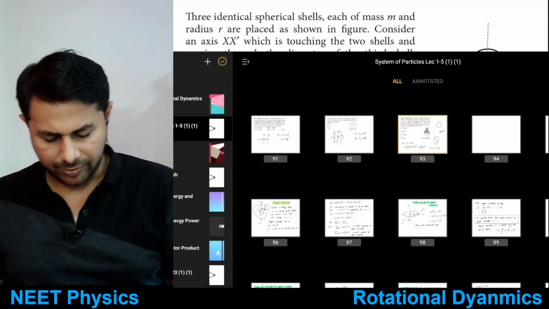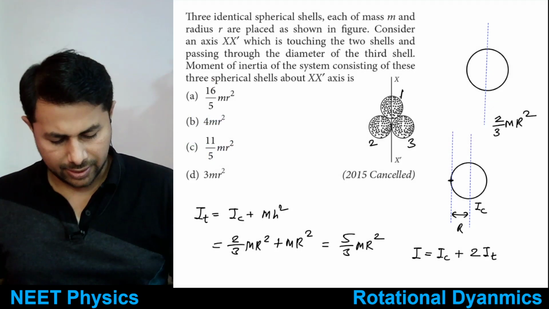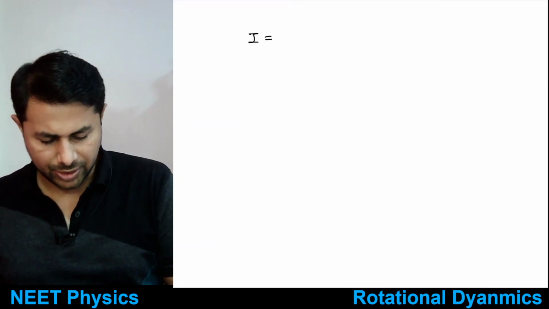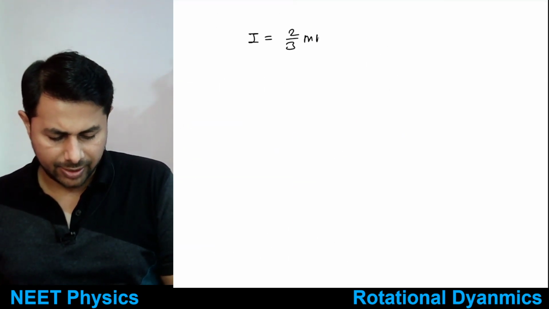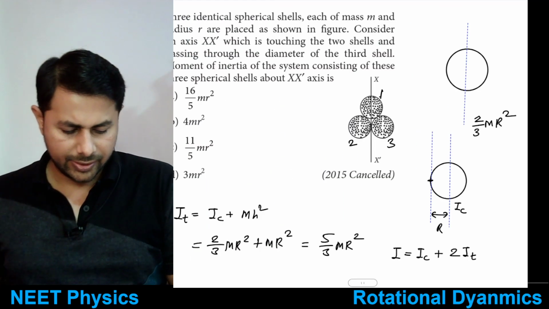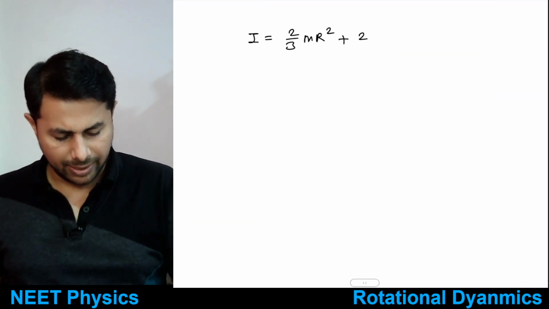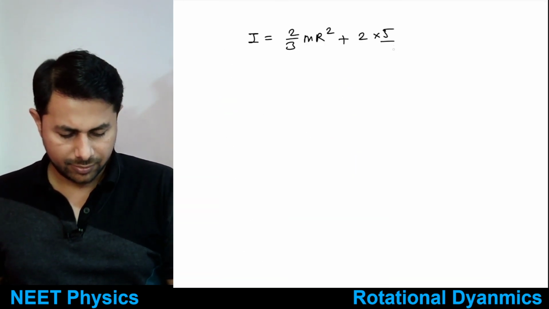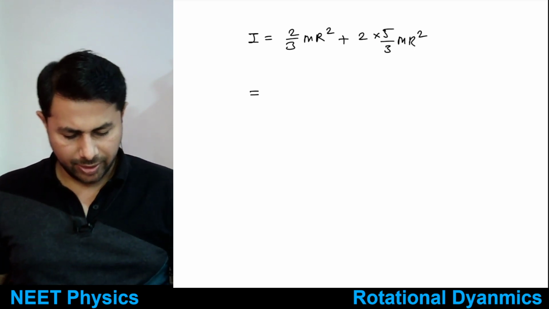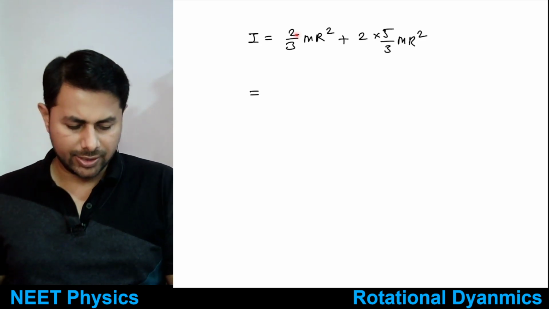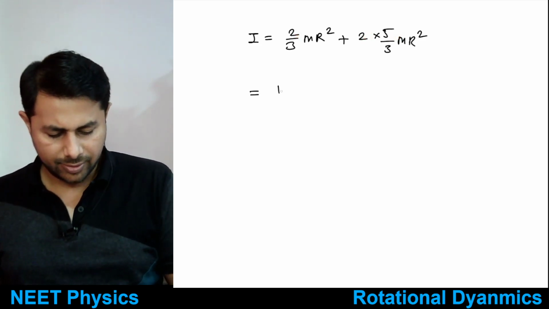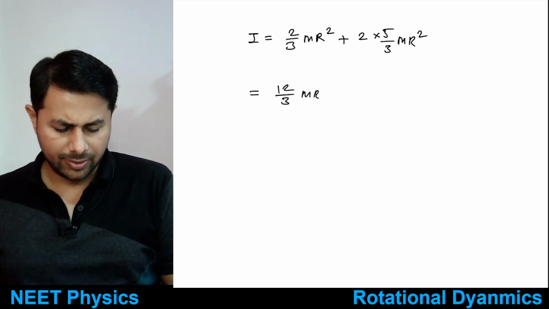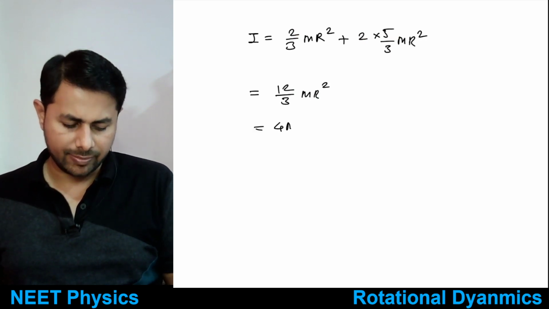The moment of inertia is equal to 2/3 mr square plus 2 times 5/3 mr square. mr square you can take common. So 2 plus 10 means 12/3, 12 by 3 mr square. That is 4 mr square.